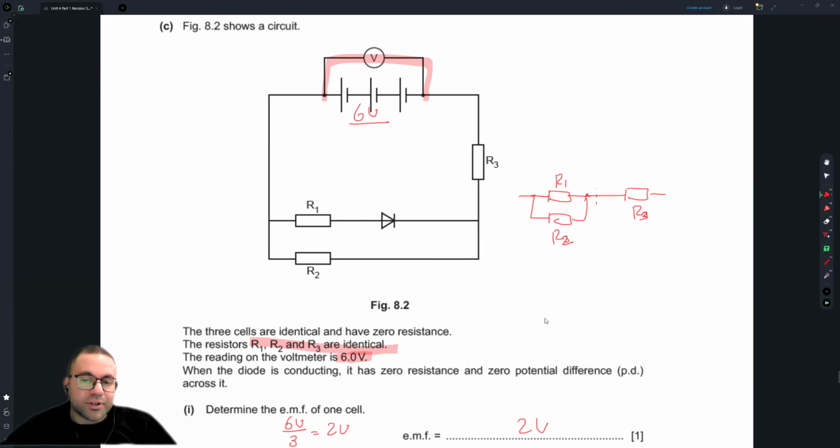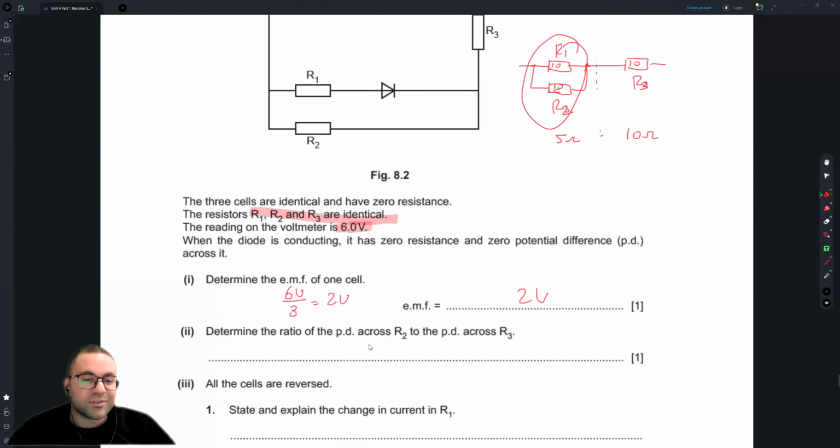How is the voltage going to get split? Now, you might say, I don't have values. That's fine. Assume anything. If this is 10 ohms and 10 ohms and 10 ohms, what's the combined resistance of R1 and R2? 5. Which means this is technically 5 to 10.